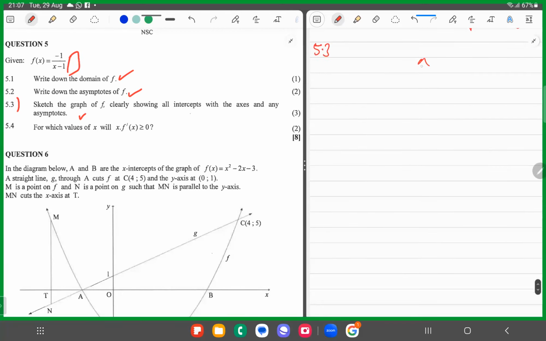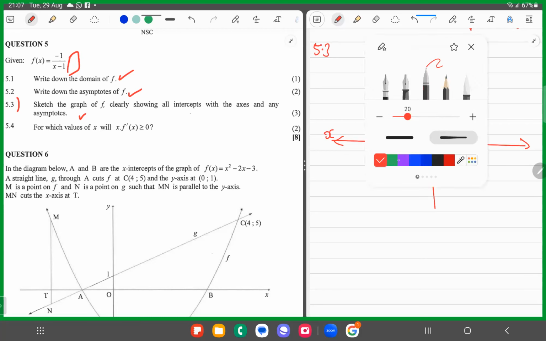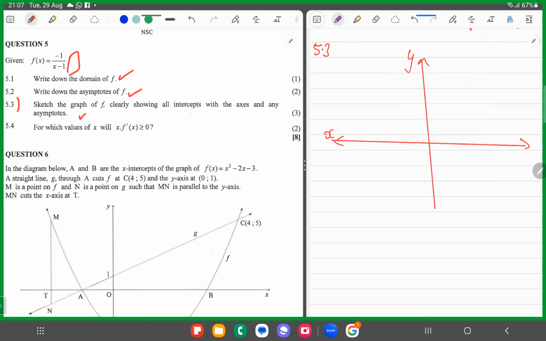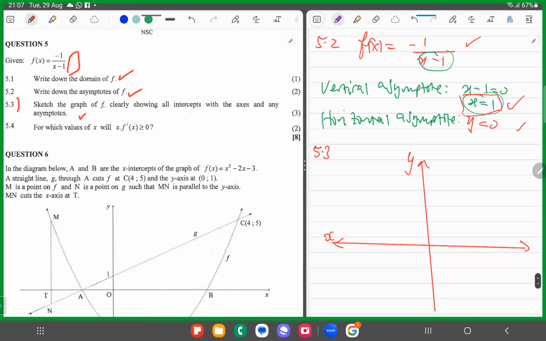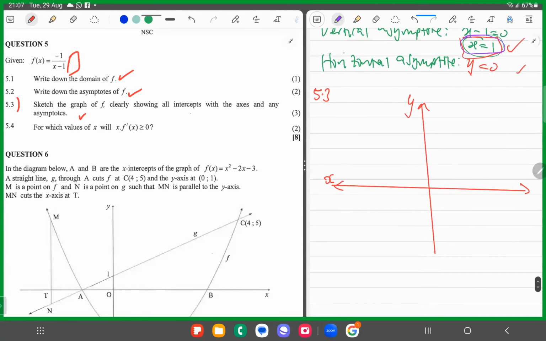Right, so you're going to draw the vertical axis and then the horizontal axis. The vertical is called y and the horizontal is called the x-axis. We've already seen that the vertical asymptote is x equal to 1. So now we're just going to put that one and say x is 1 there.